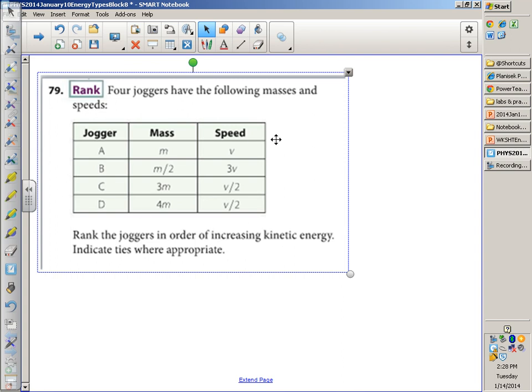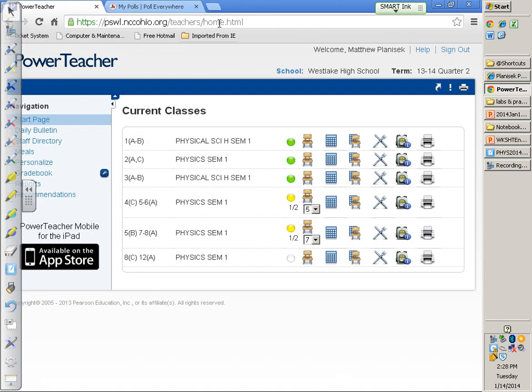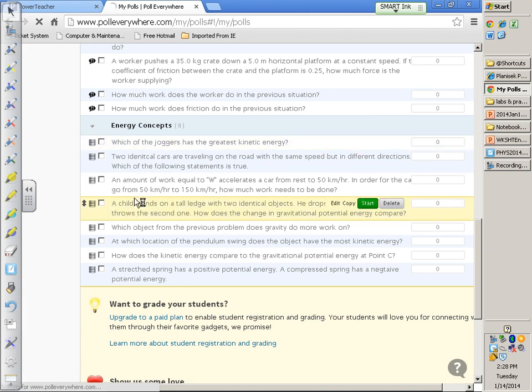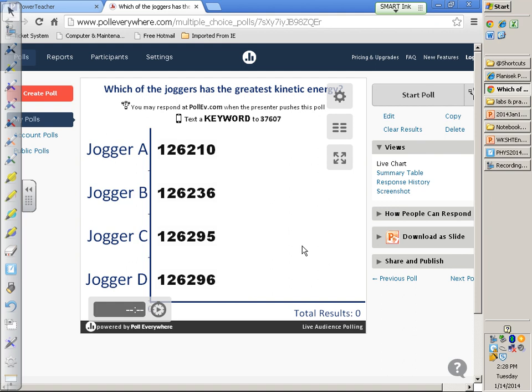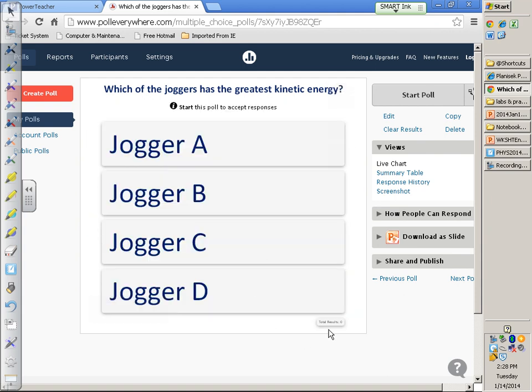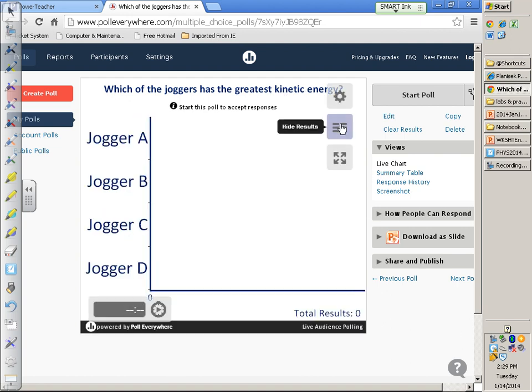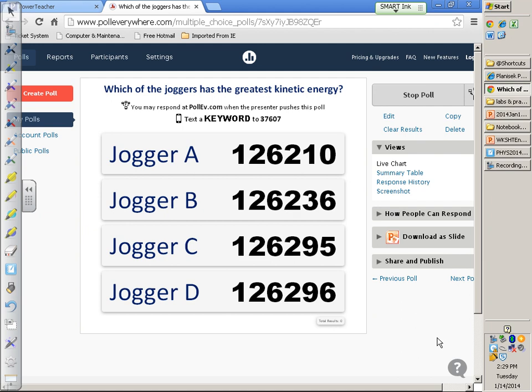So based on these values, I ask you, which of the joggers has the greatest kinetic energy? Okay. Now, I want this to take us about a minute or so. So you might not have time to do all the calculations, but you should be able to make an educated guess based on the factors that we talked about that affect the kinetic energy.